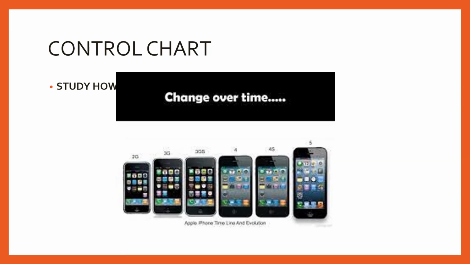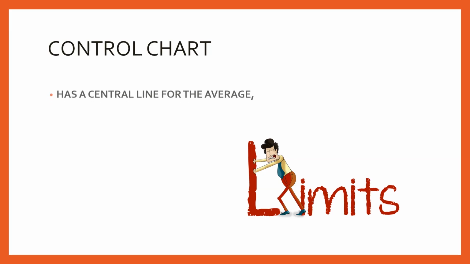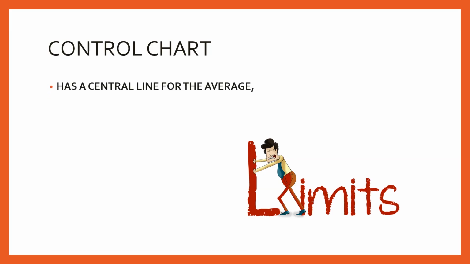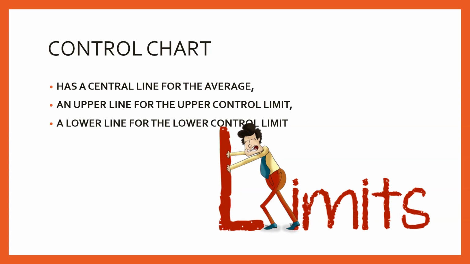So in this fashion, the control chart goes. Limits are there in the control chart. What are those limits? There is the upper control limit, and there is the lower control limit. There is a central line for the average in between the upper control limit and the lower control limit in the control chart.